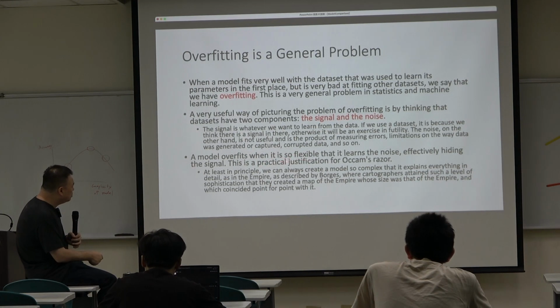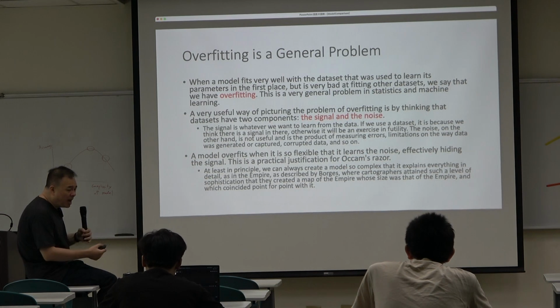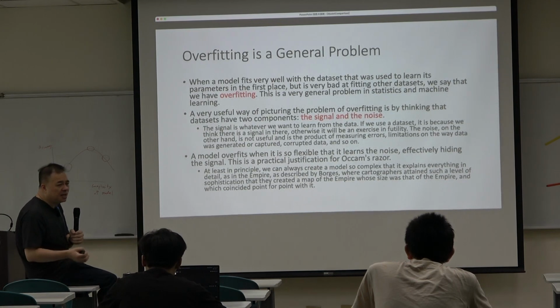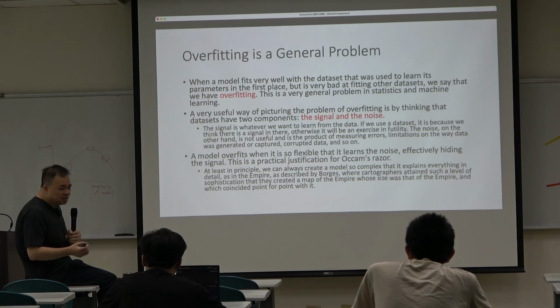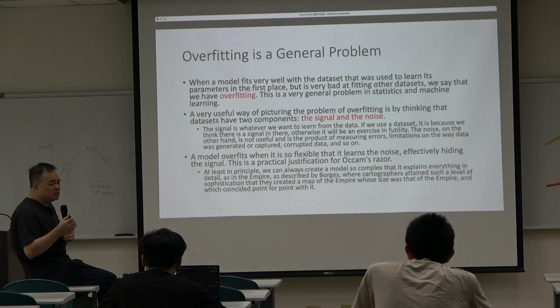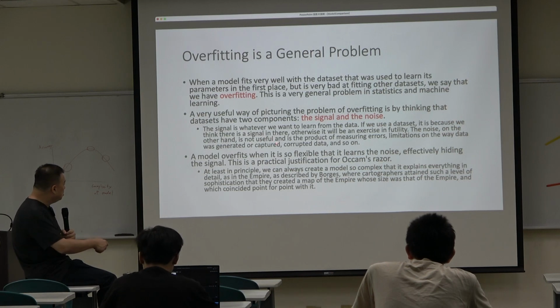This is a practical justification for Occam's razor. That's why we prefer simpler models. Remember, Occam's razor suggests we take a simple model, right? So this is a justification for that.